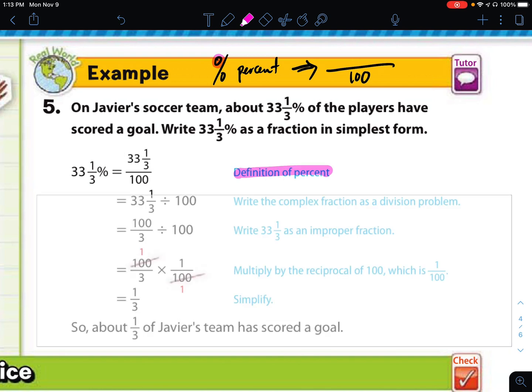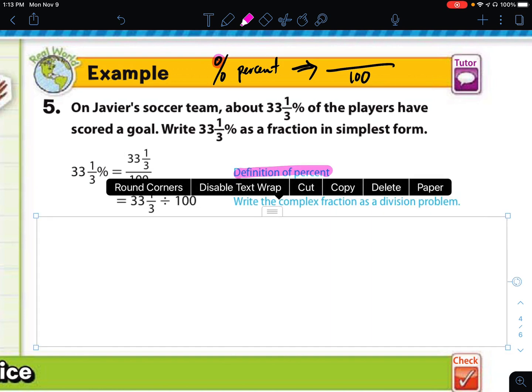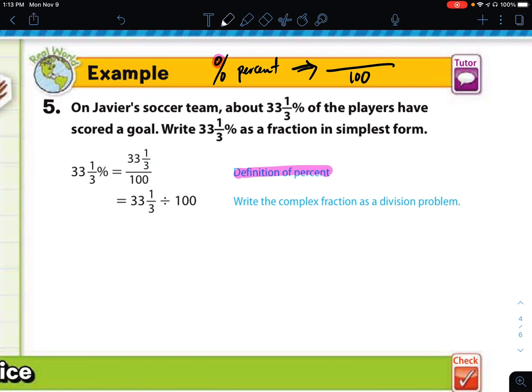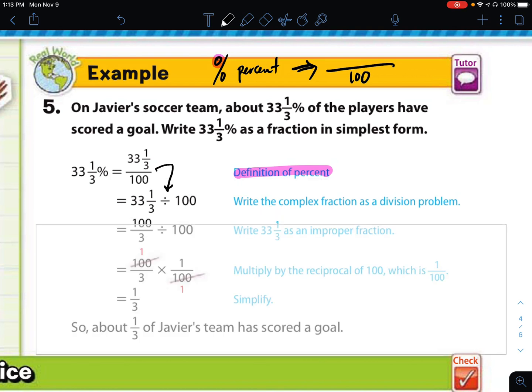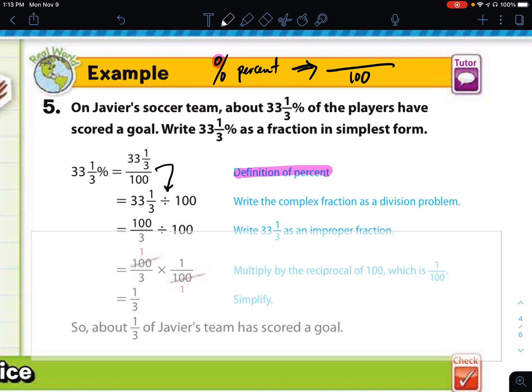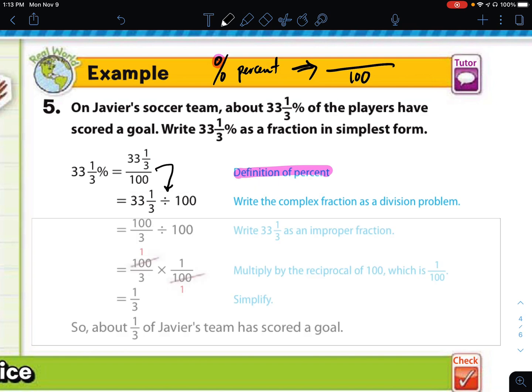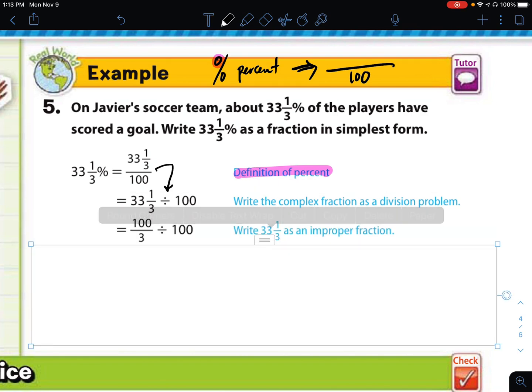From there, we get our main fraction bar again and make it into division. So 33 and 1/3 divided by 100. We convert 33 and 1/3 into an improper fraction, which is going to be 100 over 3 divided by 100. Then we use the rules for division of fractions.